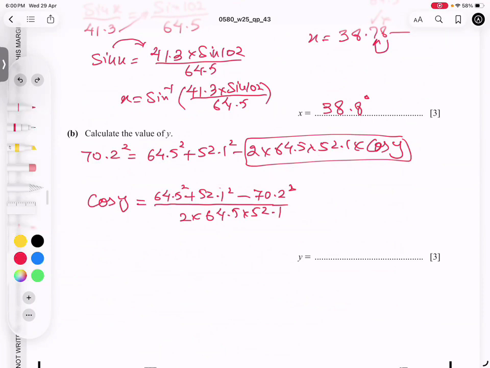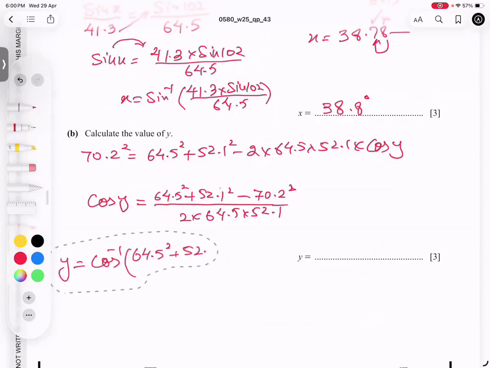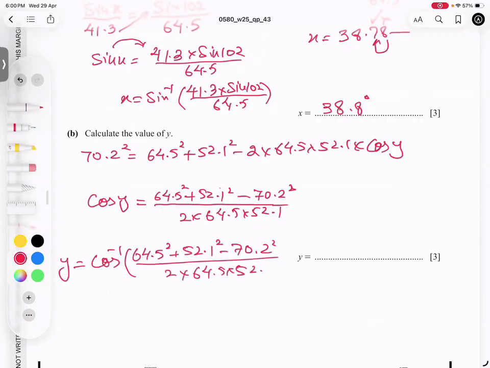I think the point is clear. After this, what to do, students? I will take cos inverse of the whole value. You can type this before in the calculator, or type it all together, both are okay, without any break: 64.5 into 52.1.